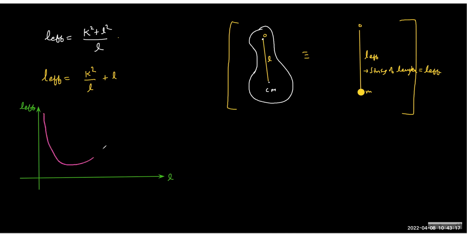So somewhere in between it must be minimum. So let's say this is the L min, which gives you the L effective also minimum. So this is the minimum effective length.